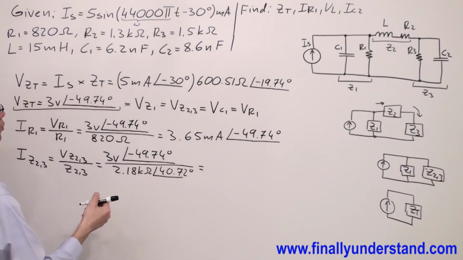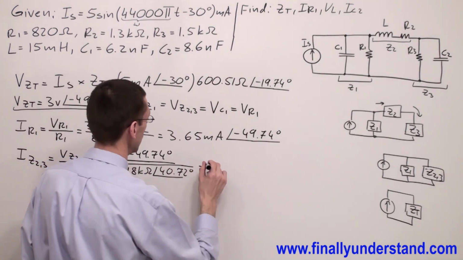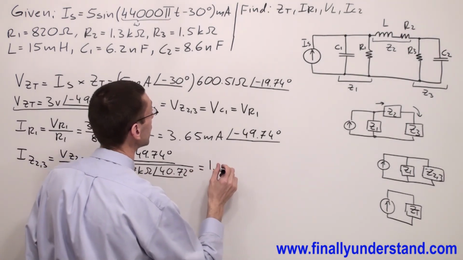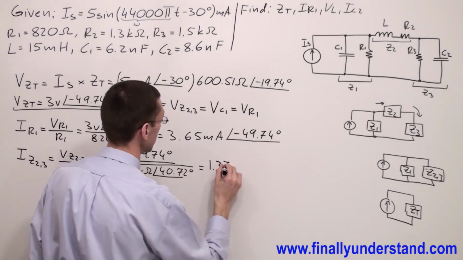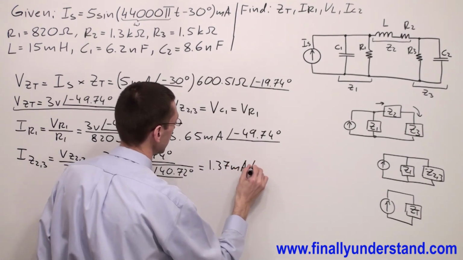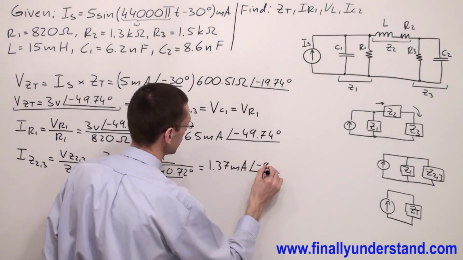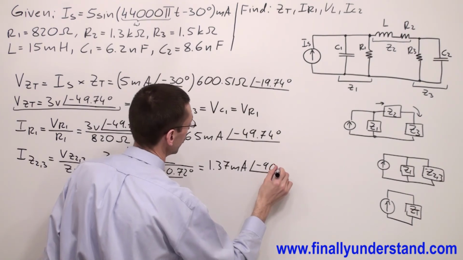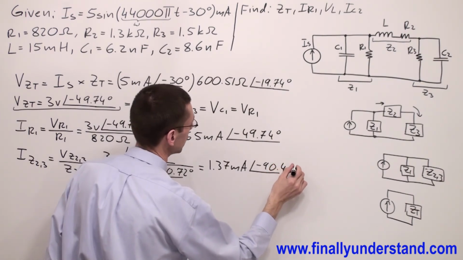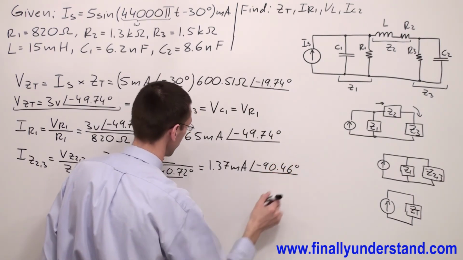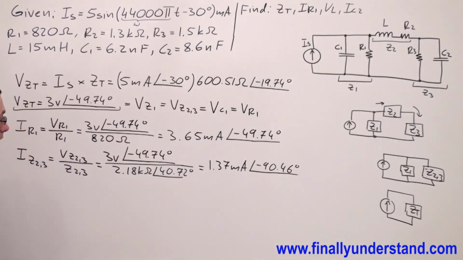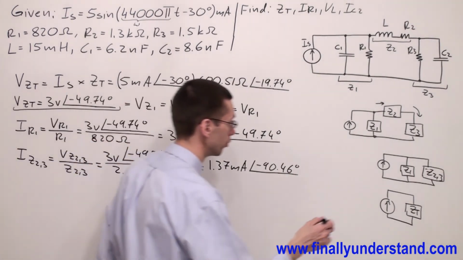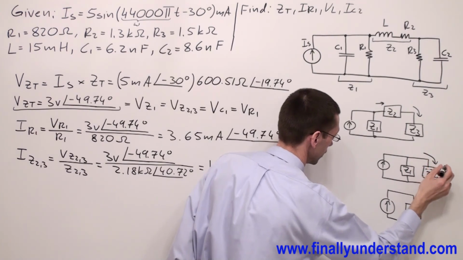Calculators are supposed to get the value 1.37 milliamps and angle of negative 90.46 degrees. Okay, so this is the current which will go through this impedance.